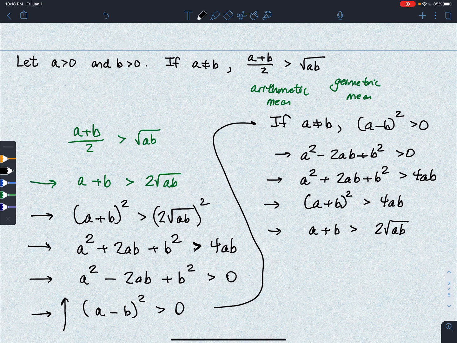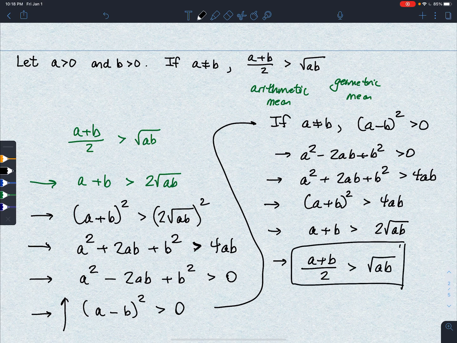But since we're only considering positive numbers, we know that a plus b cannot be negative. And now we're almost there. I'm going to divide both sides by 2. And there we have it. We have our result, and we have the proof in the direction we wanted to prove it.